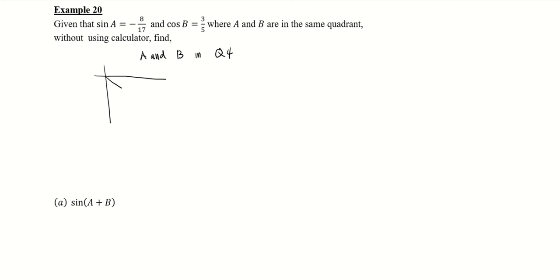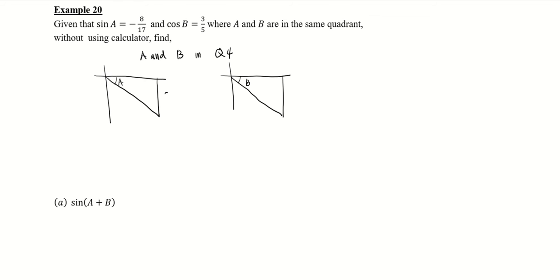So in the fourth quadrant here, for A and B, so A, this is B. Sine A is negative 8 over 17, so that is opposite over hypotenuse.